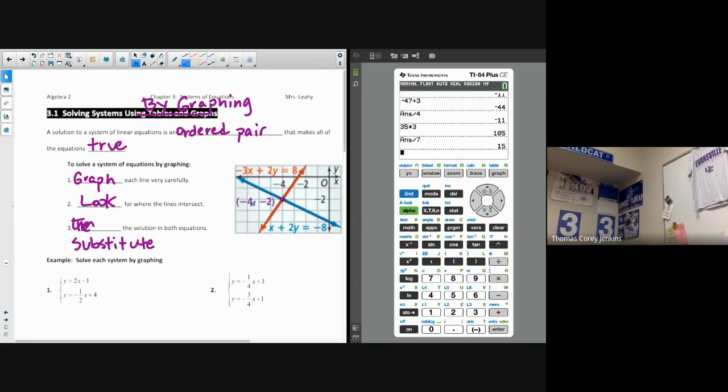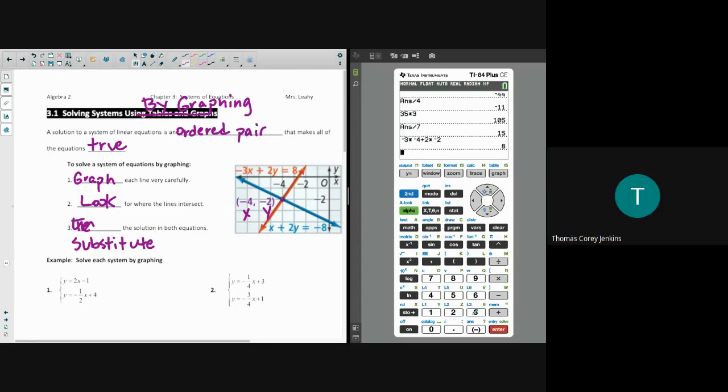To show you what I mean by sub your answer back in, just remember, in an ordered pair, that's an x, that's a y. So if we go back to our originals and sub those in, that would be negative 3 times negative 4, and then plus 2 times negative 2. That's going to give you 8, which we see.